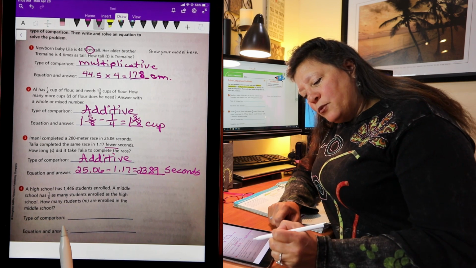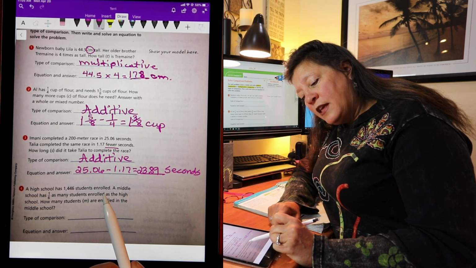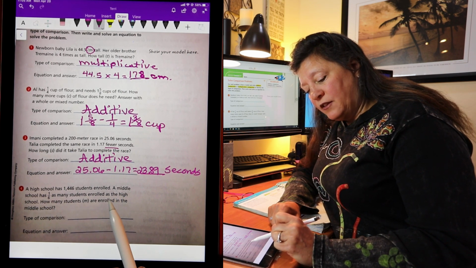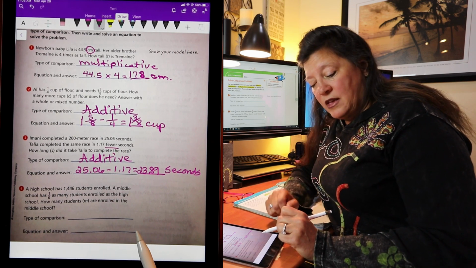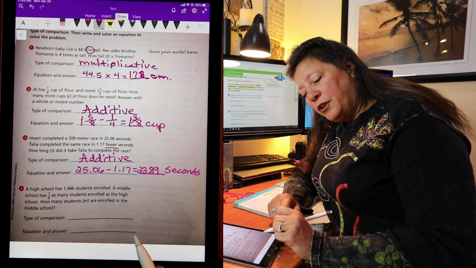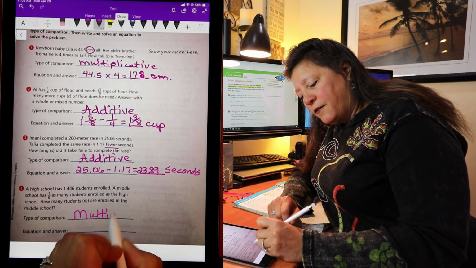Number 4, a high school has 1,446 students enrolled. A middle school has 1/6 as many students enrolled as the high school. So it's 1/6 of that 1,446. How many students are enrolled in the middle school? This is going to be a multiplicative.